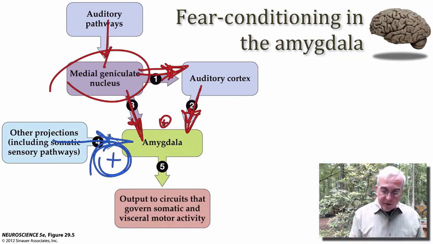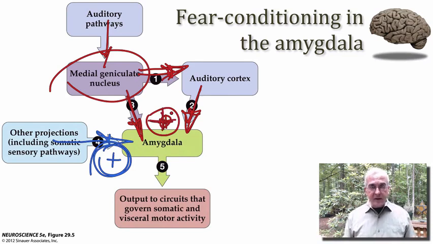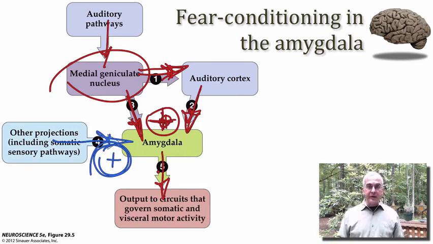And as a consequence, the auditory tone now grows in its strength and its impact on amygdala neurons. The output of these amygdala neurons then is going to impact somatic and visceral motor activity and produce behavior consistent with fear and anxiety.